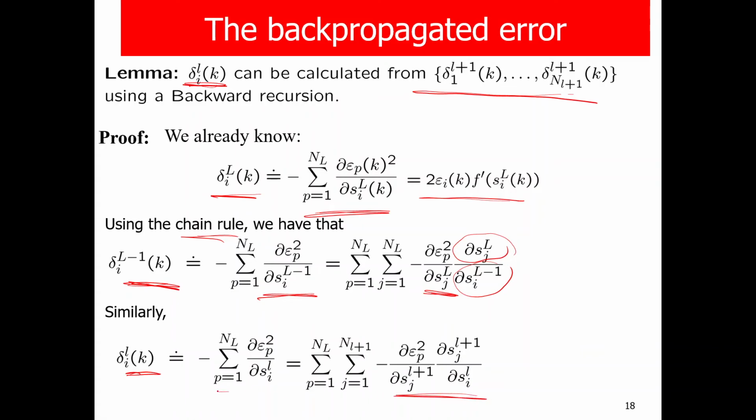So this is just the definition of the backpropagated error on layer L, and then the chain rule says that we just need to calculate the derivative of the squared error with respect to S on layer L plus 1 and multiply this with the derivative of S on layer L plus 1 with respect to S on layer L, and we need to sum this for all j's, where j runs from 1 to n L plus 1. So again, this is just a simple application of the chain rule.